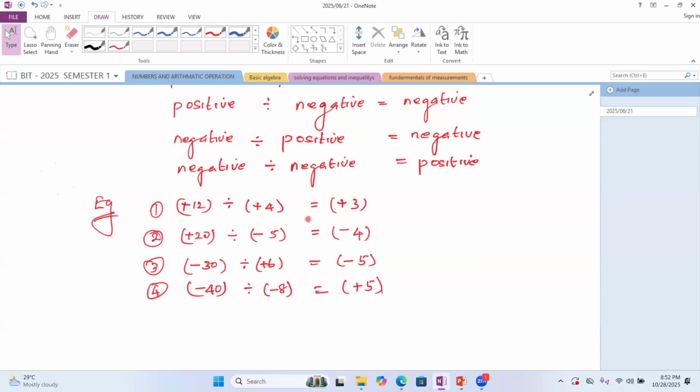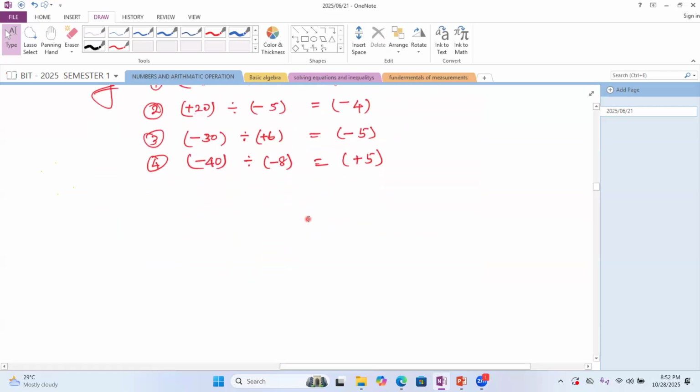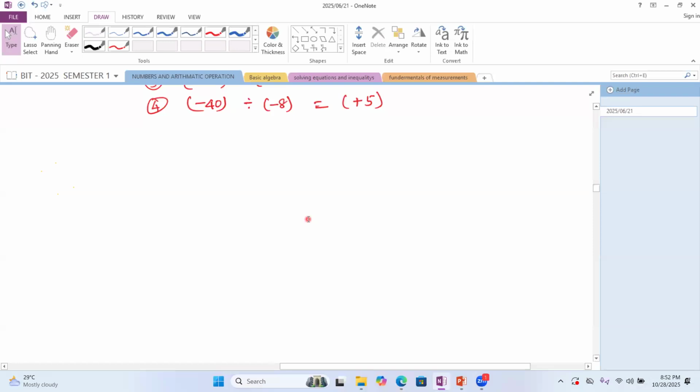Addition, subtraction, multiplication, and division without using a calculator or number line. Later, evaluate the following.